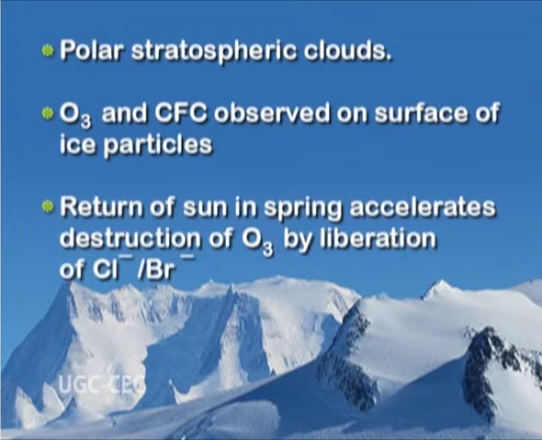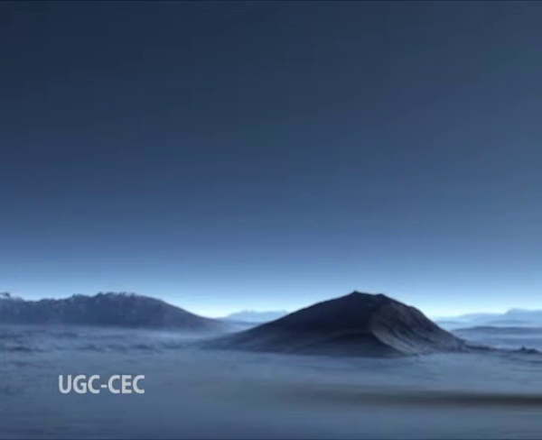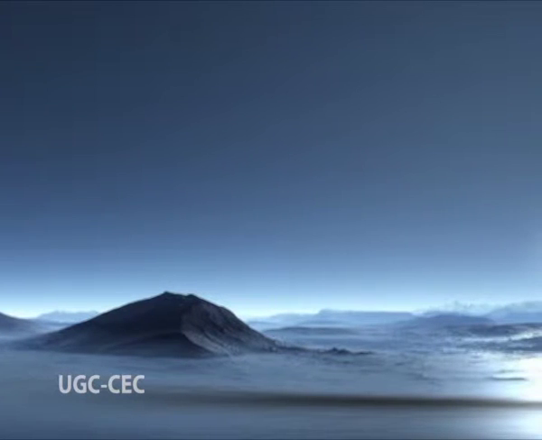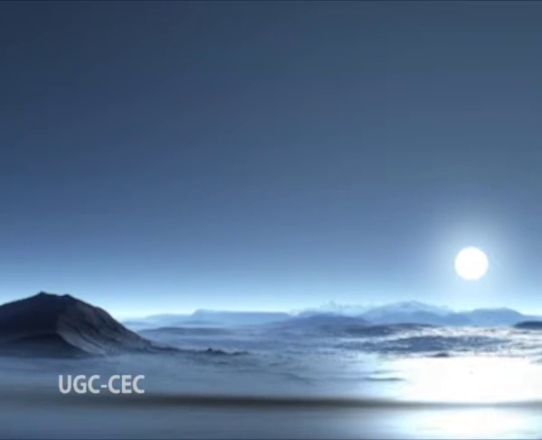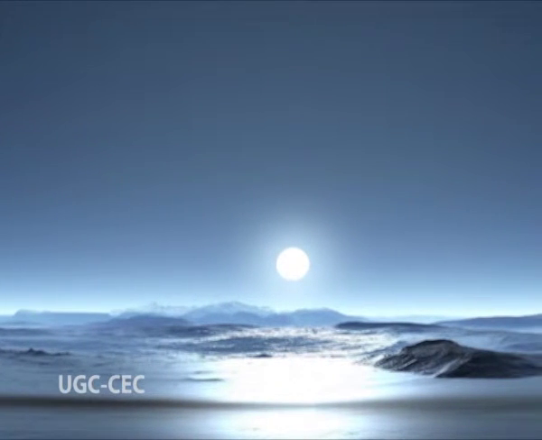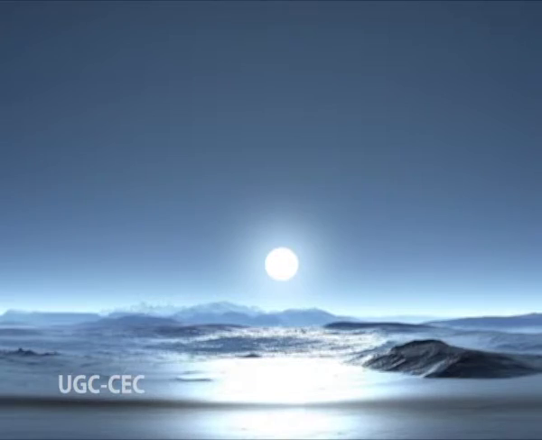These are called polar stratospheric clouds, and ozone and chlorofluorocarbons are adsorbed on the surface of the ice crystals. They crystallize together in these clouds. When the sun returns in spring, it accelerates the destruction of ozone by liberating chlorine ions from the chlorofluorocarbons. This is the main reason for the destruction of ozone at the poles.